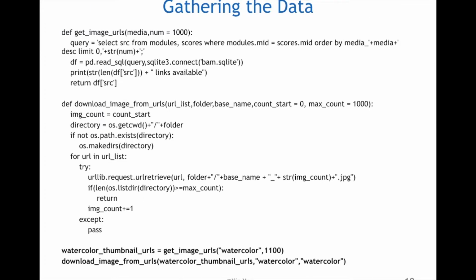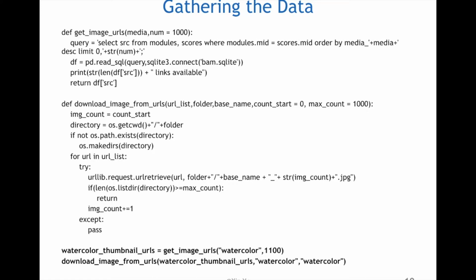So to gather the data, I had to query the SQLite 3 database through Python. One of the first things I did was look at the SQLite 3 schema for this particular database. There are a few examples online for this specific dataset, and I basically looked at the examples and used that to query the images by media.